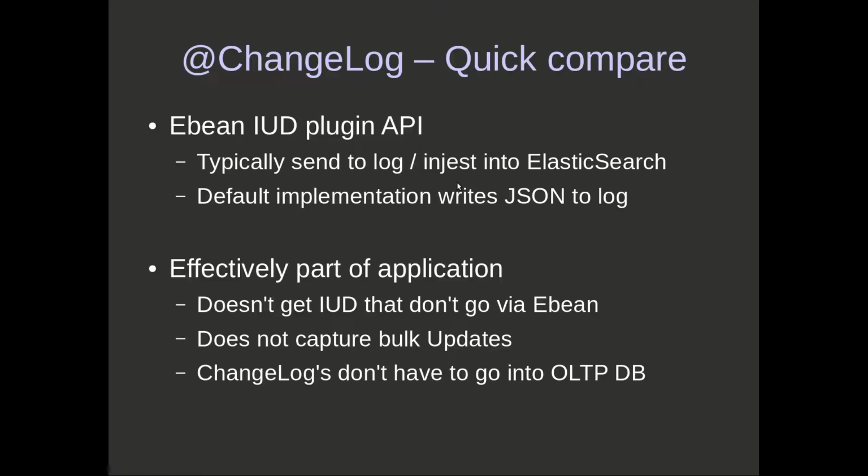It's probably the way to go. What this means is that, if you're not doing insert, update, delete through Ebean, you're not going to get them. They don't capture bulk updates, so if we're updating 100 or 1,000 rows in a single statement, well, we can, but they won't be captured in the audit log.